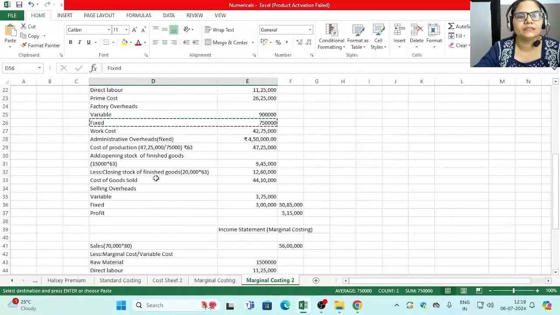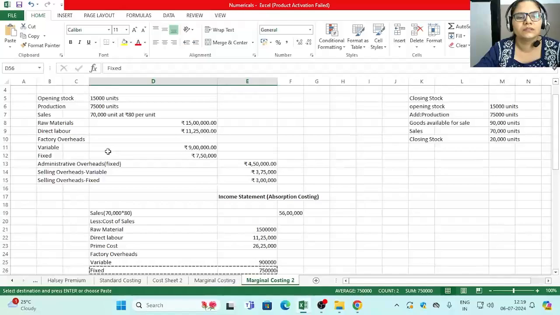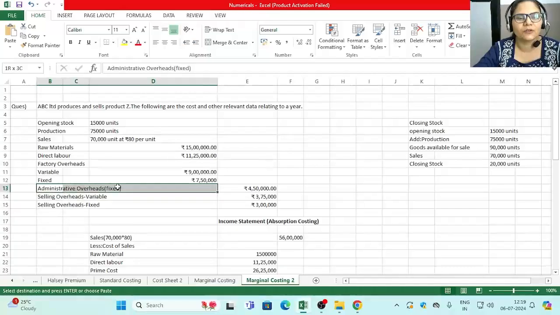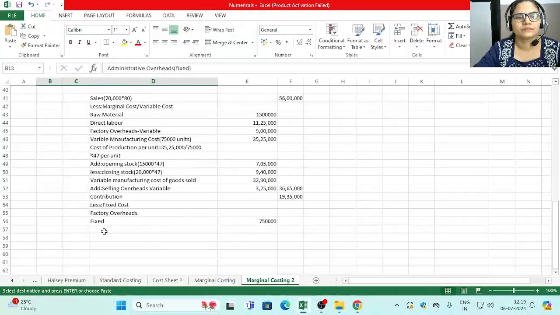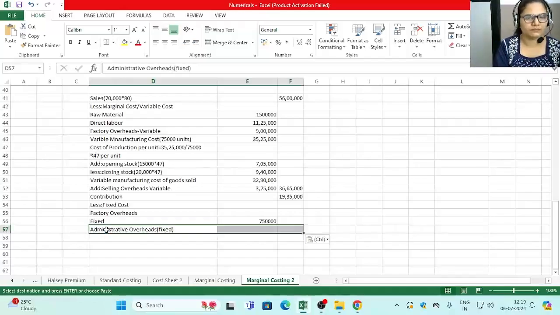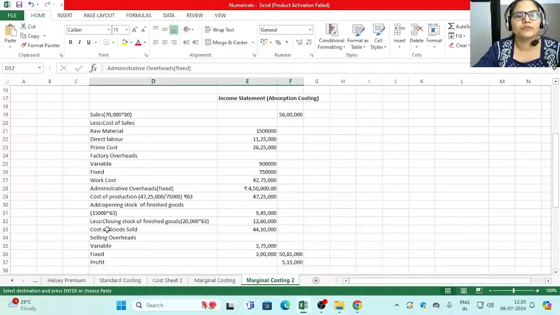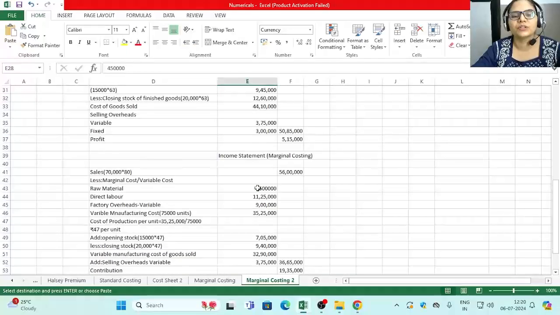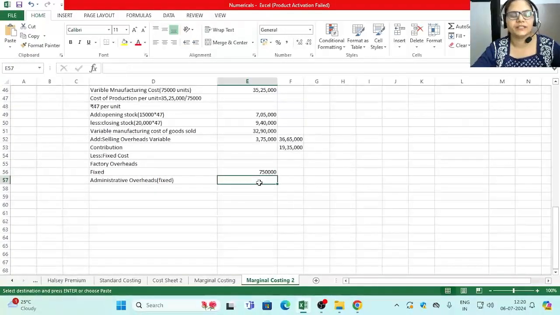Next is administrative overheads, those are also fixed, which is of value 4 lakh 50,000. There is no change in it actually.